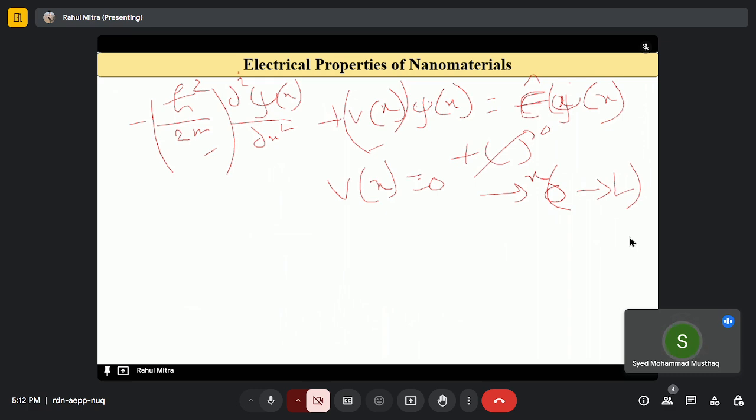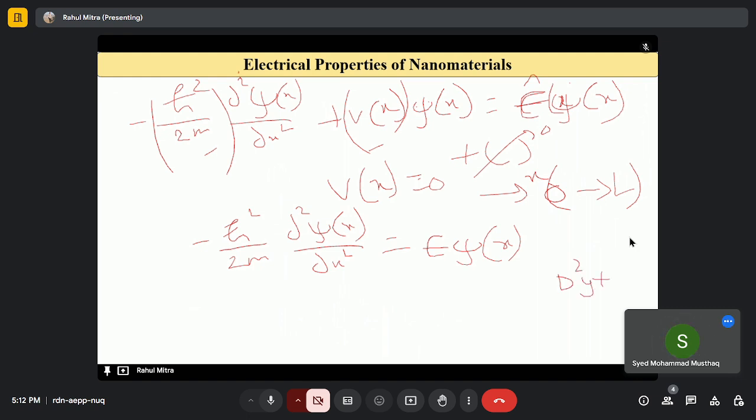So this wave equation can be simplified to minus h cut square by 2m, dou square psi of x by dou x square, equals energy times psi of x, right? So how does it look? It is a linear differential equation now, equal to 0, right?